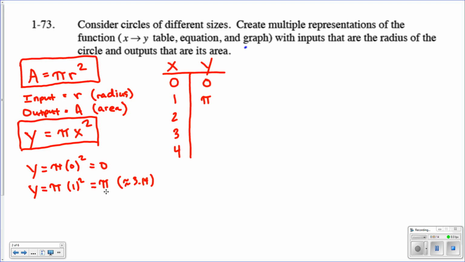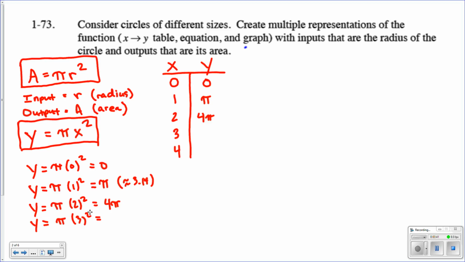So the next one, we take 2 and we plug it in. We're going to have y is going to equal pi times 2 squared. So 2 squared is 4. 4 times pi is 4 pi. Three, we plug it in there. We've got y equals pi times 3 squared.